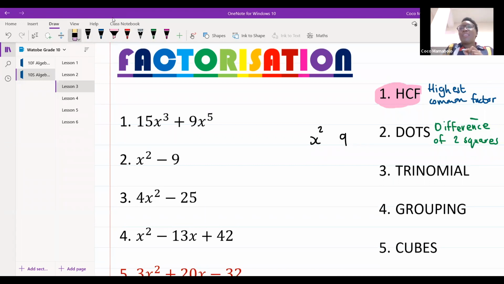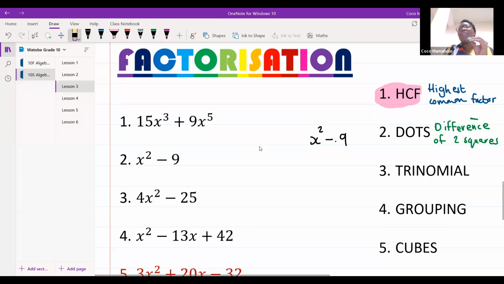So if this thing in the middle is not a minus, I can't do dots. The sign in the middle needs to be a minus. If it's a plus, I can't factorize with it. You got me? Excellent. Okay, let's not forget that. It needs to be a difference, a negative in the middle.